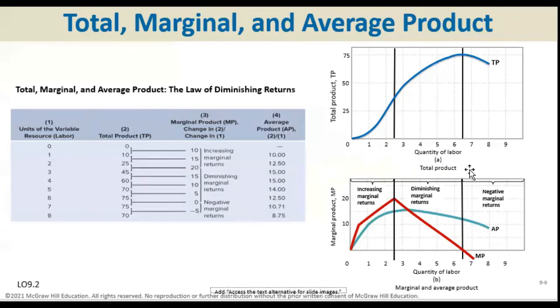So graph A here illustrates the law of diminishing returns. It states that as successive amounts of a variable resource, in our example labor, are added to a fixed amount of other resources like land or capital, beyond a certain point the extra or marginal product that derives from each additional unit of the variable resource will decline.